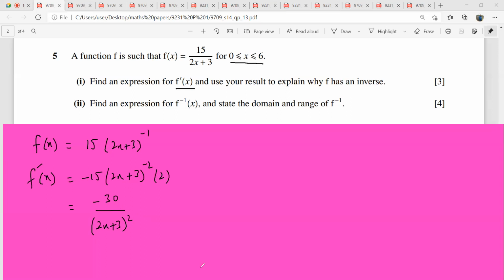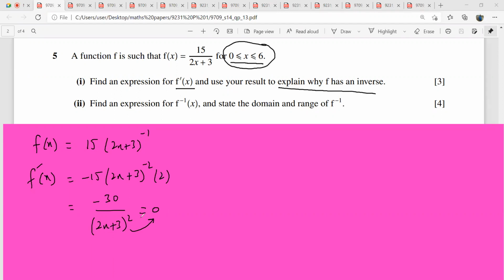Okay. So you people are absolutely right. For the second part, it says use your result to explain why f has an inverse. So we can only have the inverse if within the given domain, your function is a one-to-one function. And in fact, there is no turning point on it because once you put that equal to 0 to get the x coordinate of that turning point, this thing will be multiplied by the 0 and you will not be getting any solution to this equation because all this term in x will be 0 over here.